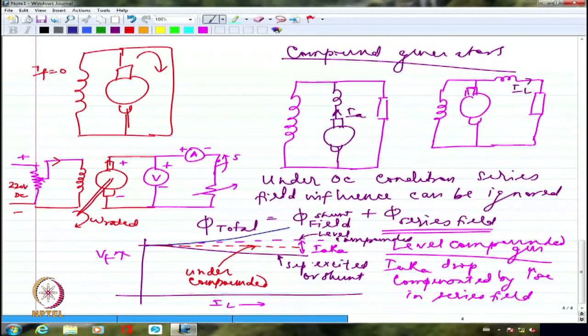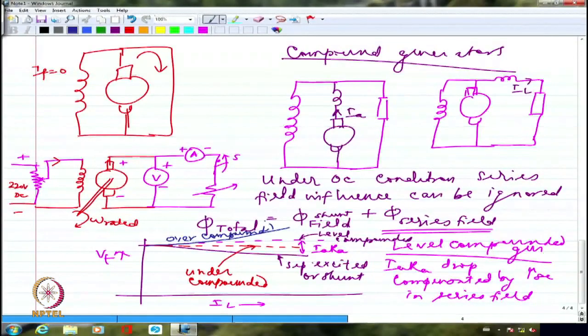Under-compounded is less compensation given. Over-compounded is more compensation given. Level compounded or flat compounded is just a sufficient amount of compensation given.